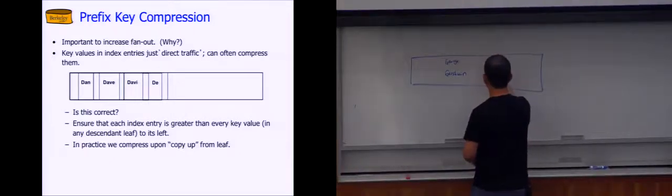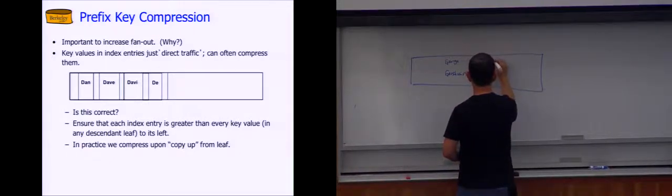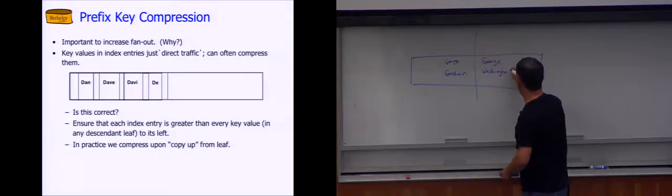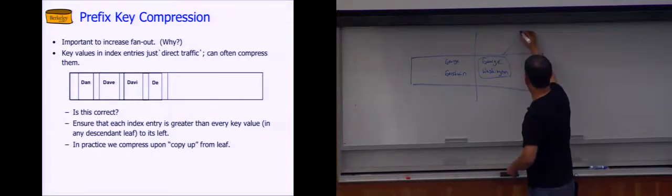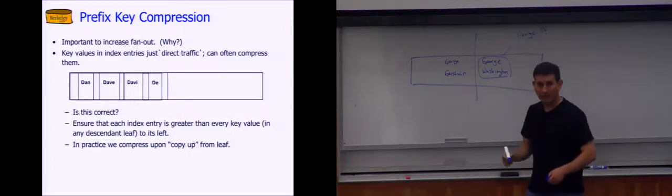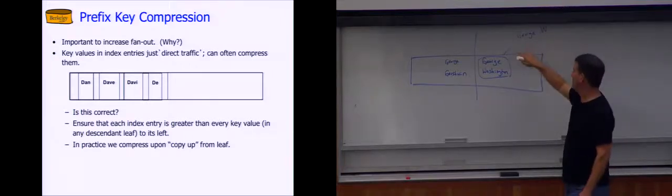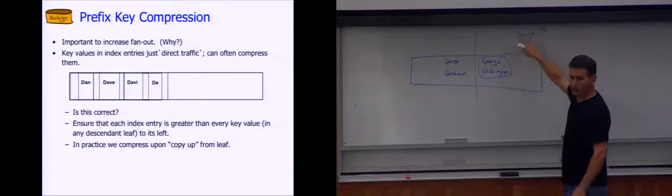And the next value is George Washington. All right, when I split this page, if I split it here, I'm not going to copy up George Washington. I'm going to copy up George W. That's enough to distinguish. And from now on, this is compressed up the tree. All right, this is as long as this needs to be ever again. We'll never see George Washington higher up.